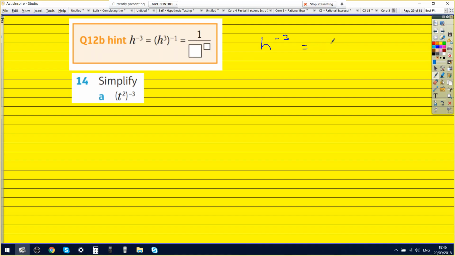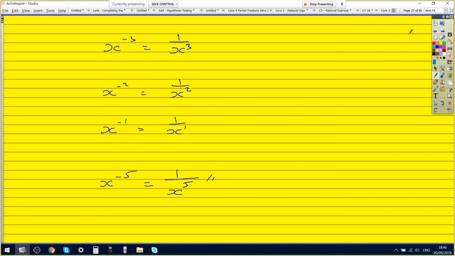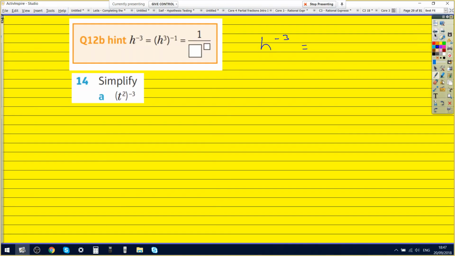Use the answers on the left. 1 over h to the plus 3, to the positive 3.